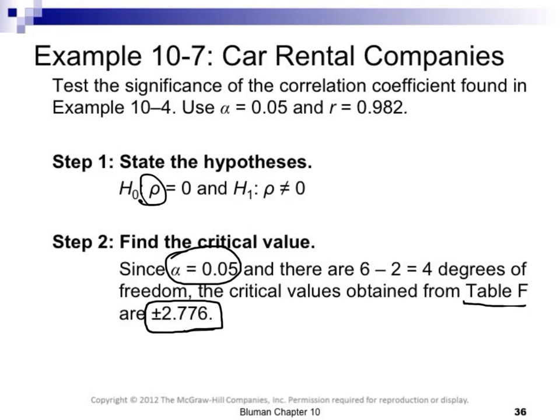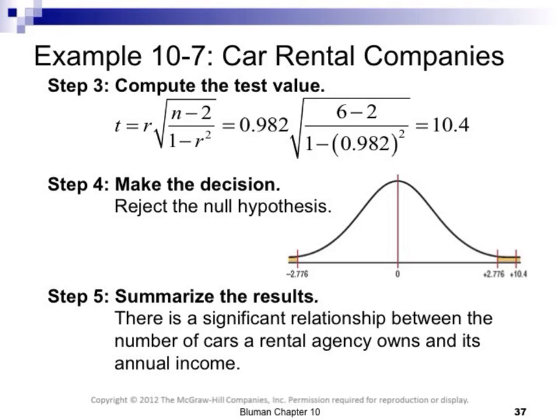That's the value, remember, that separates whether we retain the null or reject the null hypothesis. So here is our critical value listed, and I'll write under here CV because that's our critical value, and we found that from table F, and it's a two-tailed test.